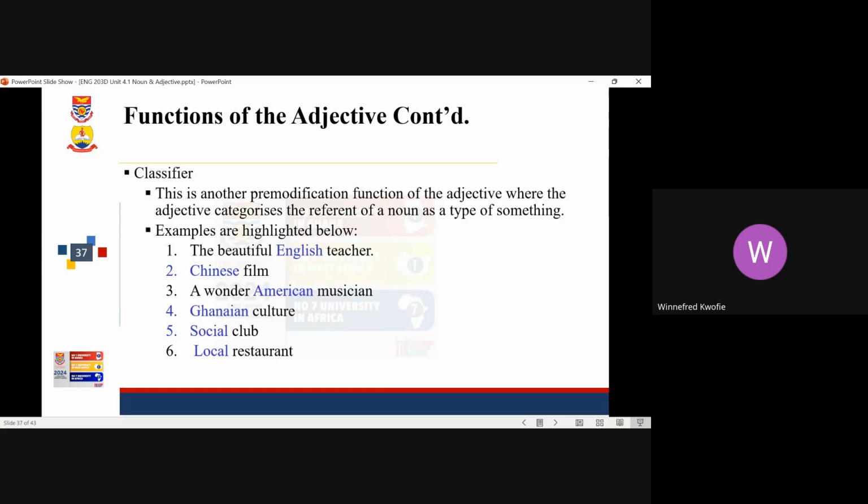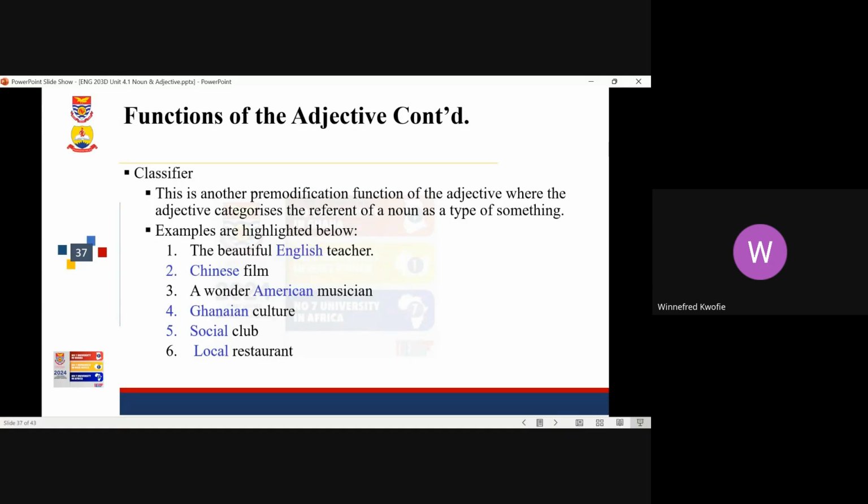It also functions as a classifier, where it helps to identify a word as being part of something. The beautiful English teacher. There are so many teachers, but what type of teacher are we talking about? We are talking about English teachers. Chinese film.